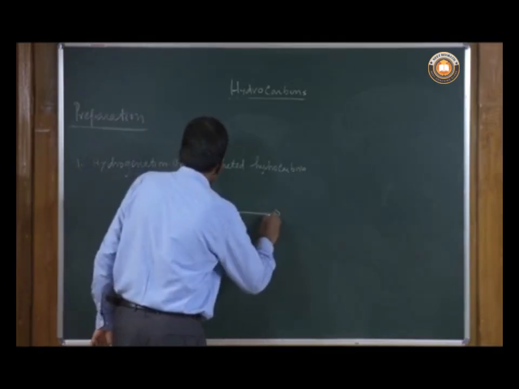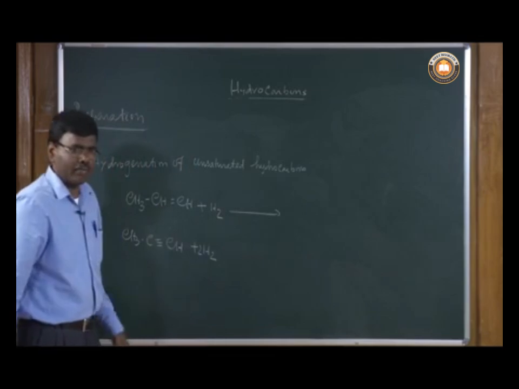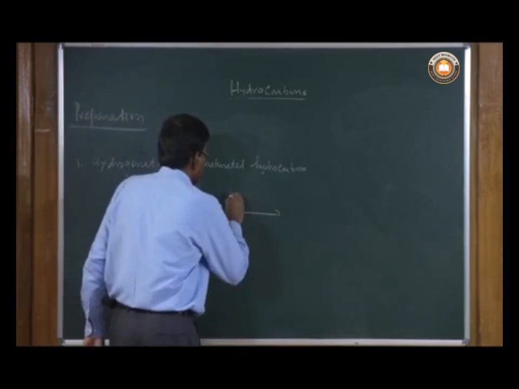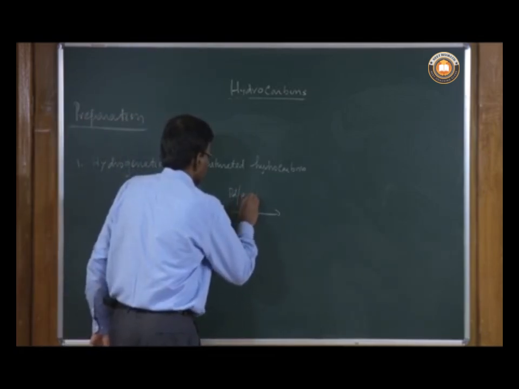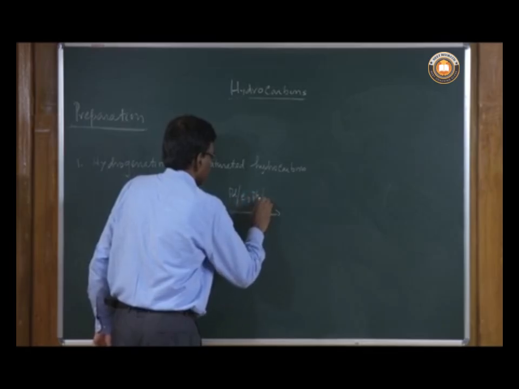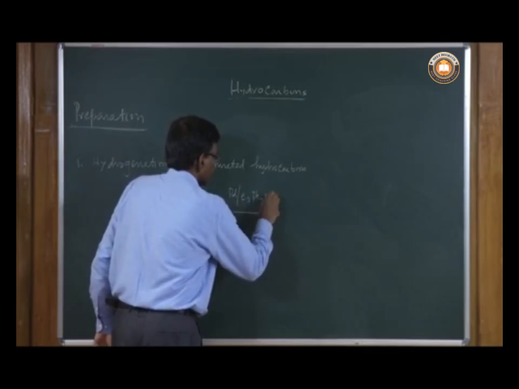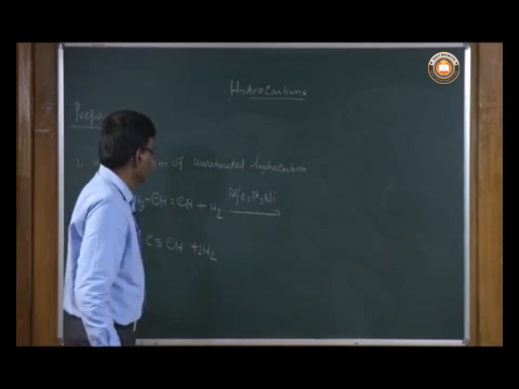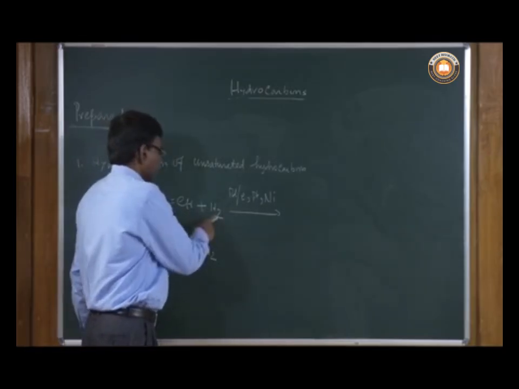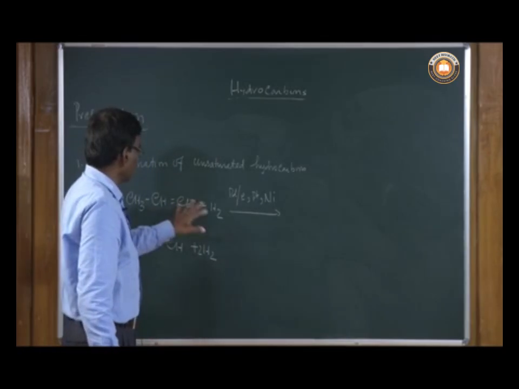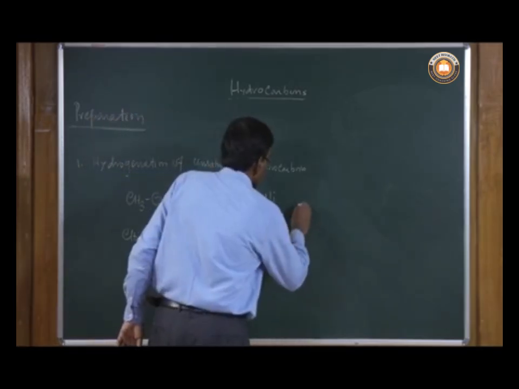When you treat this alkene with hydrogen in the presence of catalysts like palladium on charcoal, platinum or nickel, the alkene undergoes addition and you get an alkane.